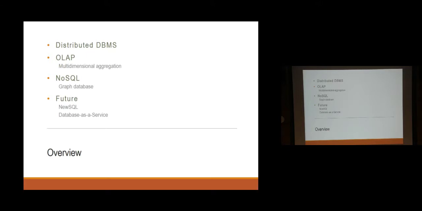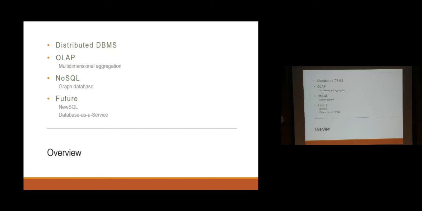The easiest way to modernize things is that, well, why don't we make it distributed? Okay, so this is the easiest, distributed and parallel DBMS. And then we look at another kind of DBMS, such as the OLAP, or online analytical processing.